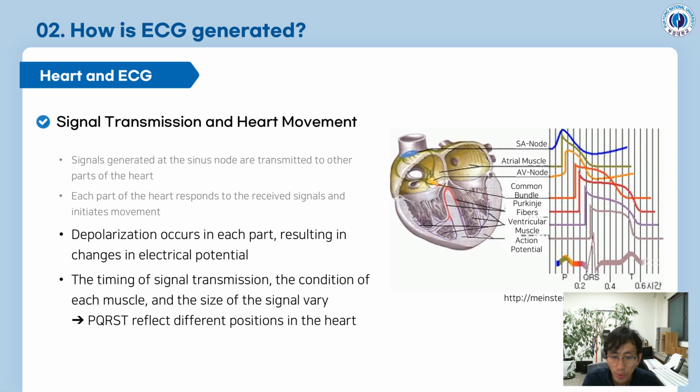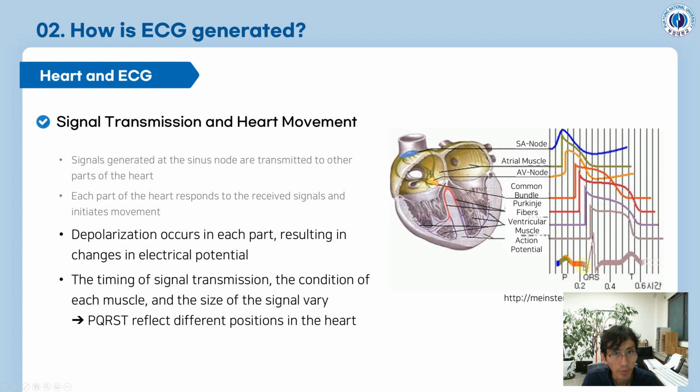Okay, so this is a very general and very significant shape of ECG, but this shape differs person by person. And also according to the state of the person, this shape is going to be different.